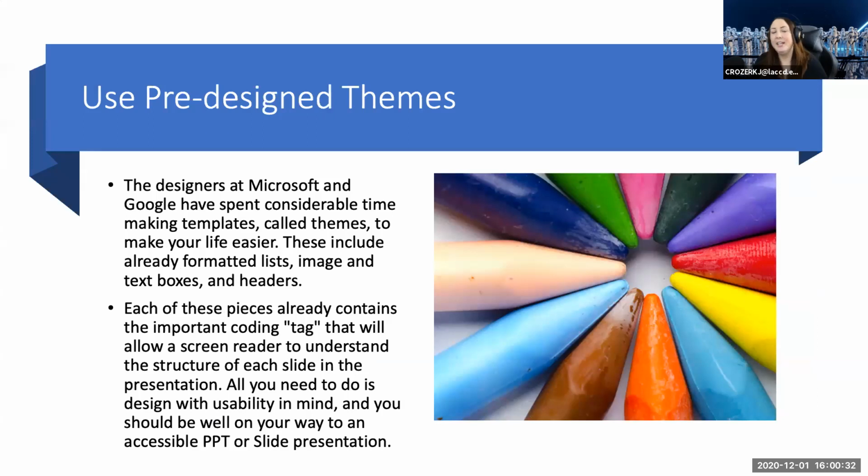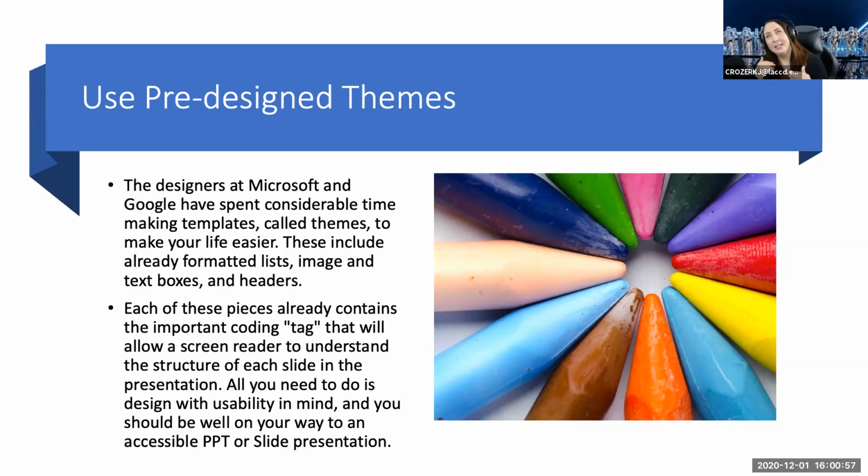The first thing is to use the pre-designed themes. So if you've used PowerPoint before or Google Slides, there's all kinds of preset themes that they've created to make your life easier. What's great about these for accessibility is that they already have the correct formatting embedded. They already have formatted lists. They have images and text boxes and headers and a reading order that's going to be clear.